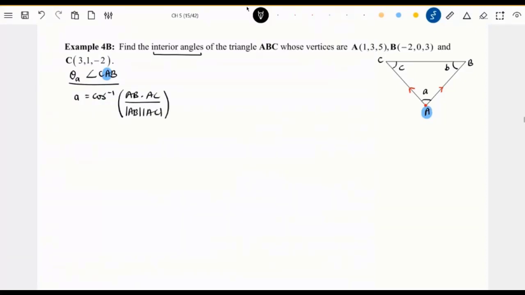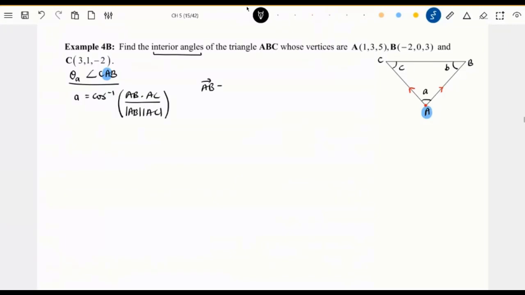Dia mesti daripada point yang sama, AB, AC. Dia tak boleh BA tiba-tiba AC. Tak boleh. Dia mesti A juga. So find the magnitude of AB, ataupun kita cari dulu position vector AB.